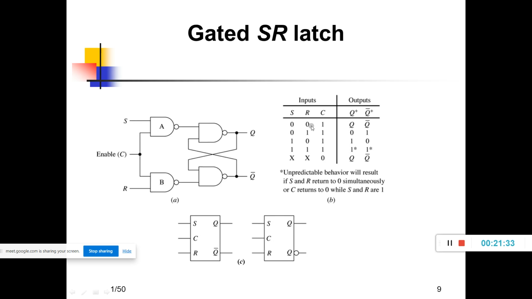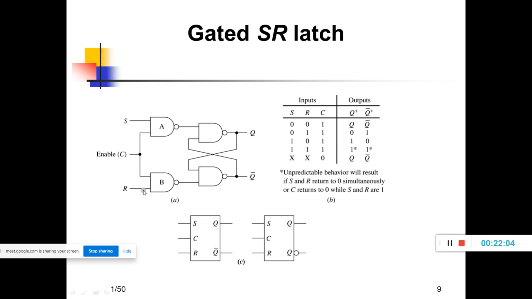When S is 0, R is 0 and control signal C is 1, that time it will retain the present state Q and Q bar. When S is 0, R is 1 and C is 1, it will have Q as 0 and Q bar as 1. Whenever the S input is 1, R input is 0 and control signal is 1, that time Q plus will be 1, Q plus bar will be 0.